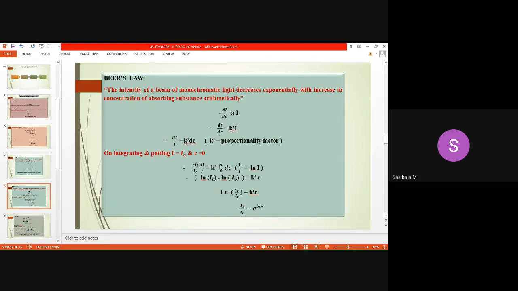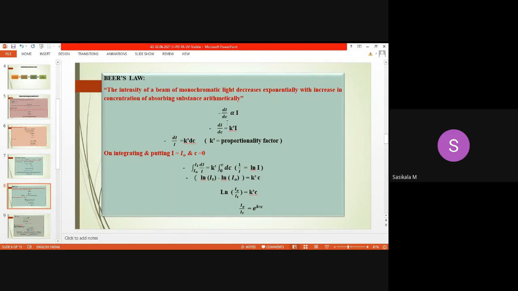It directly tells how many absorbing species are present in the medium, that is in the cuvette. Where Lambert said only thickness of the medium, Beer said how many absorbing species. It is very specific, right? So concentration is directly proportional to the absorbing species present in the sample.